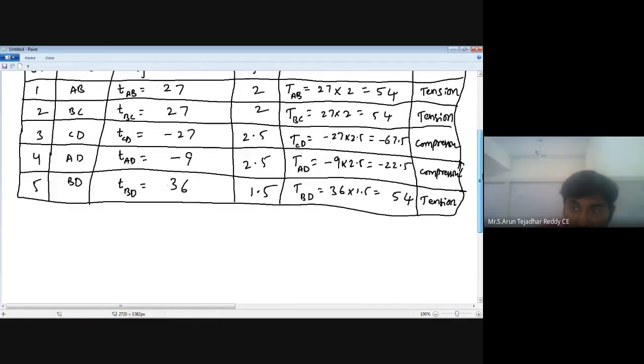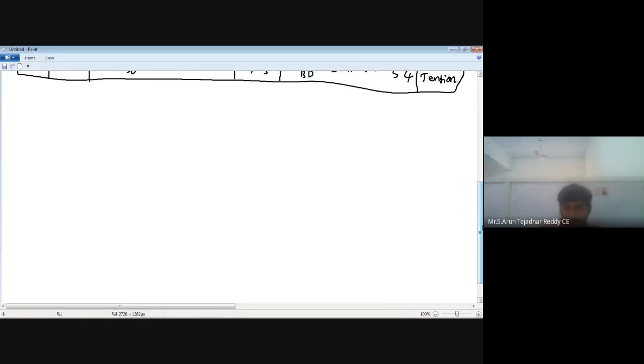Next, final diagram. Based on the values, next try to draw the final diagram.